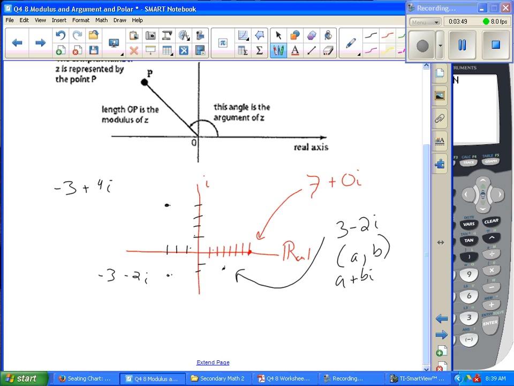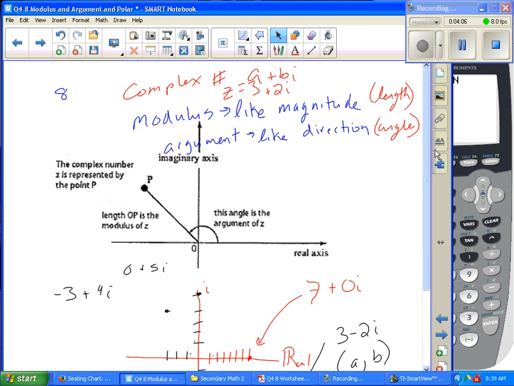And if I wanted to graph just 5i, that's like saying 0 plus 5i. You would just go up 5 on the imaginary axis and no real part. Okay, so that's the basics of graphing a complex number. So if you're given a complex number and it says find the modulus and the argument, you can graph it first so you know where it's at.